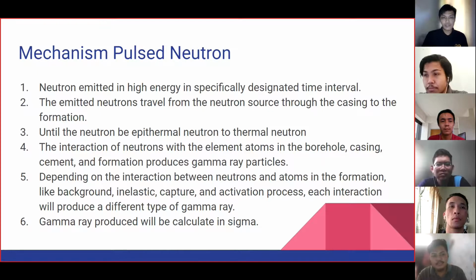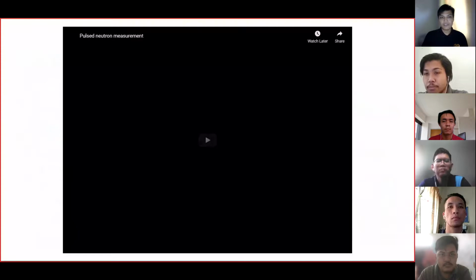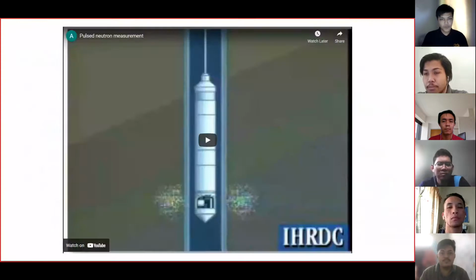As the neutrons interact with the atoms in the formation, they also produce gamma rays. Different interactions will produce different types of gamma rays. Those gamma rays will be detected by the detector of the pulse neutron tool in the measurement of the sigma. In the next slide is a video animation of the mechanism for a better view and understanding.